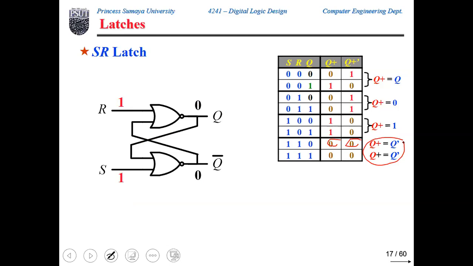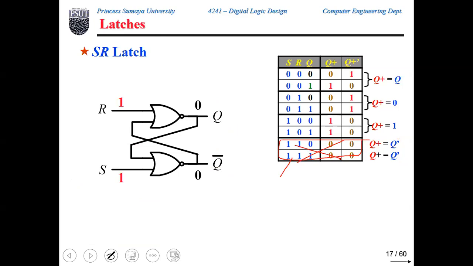But there is a problem here, which is that by definition, this Q bar is the complement of this. How come the complement and its original value are the same? This is a problem, because we defined the Q bar to be the complement of Q. This is the case where this input combination is basically not allowed.